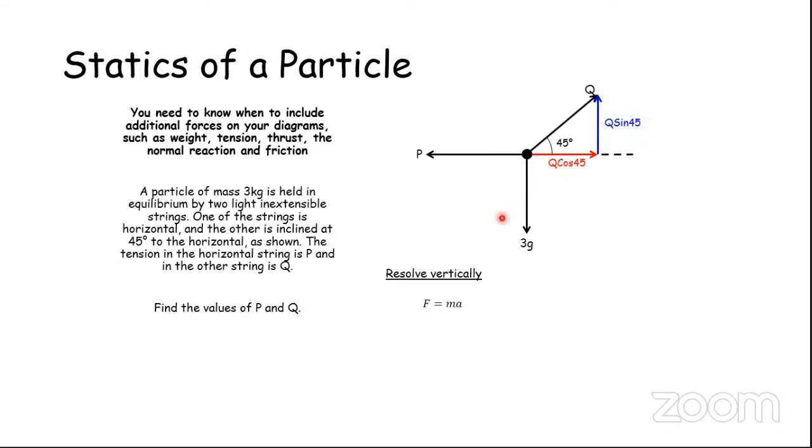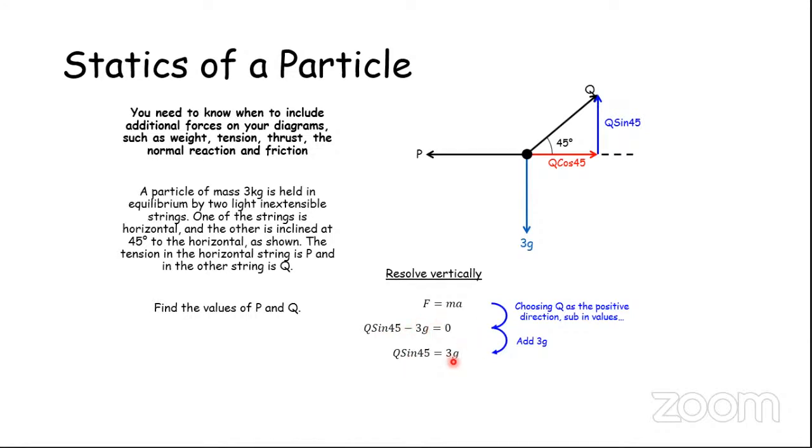Then we resolve vertically and horizontally using force is equal to MA. So vertically, we have this Q sine 45, which is moving upwards, and then the 3G. Q sine 45 is on the positive side of Y, so we begin with it, and then we minus 3G.